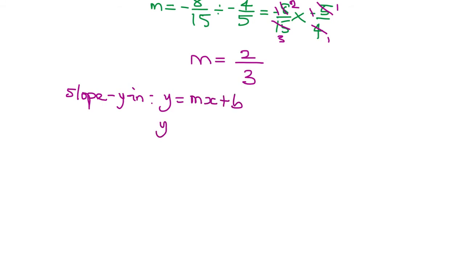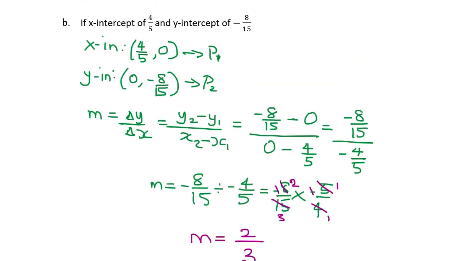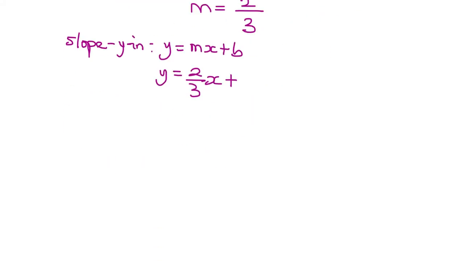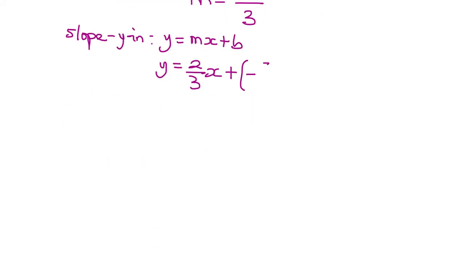Our m we notice to be equal to 2/3, and our b is actually from our equation information here, where the y-intercept is equal to negative 8/15, which means that our b is equal to negative 8/15. Positive times negative will give you negative.